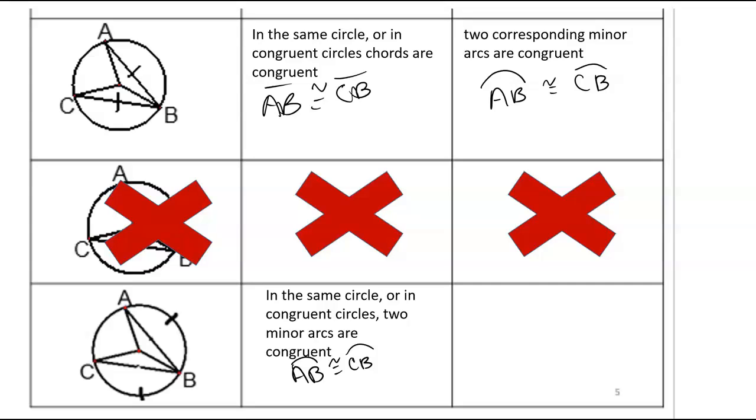They're marked congruent. Because of that, the straight path from A to B is congruent to the straight path from C to B. Of course, the straight path would be shorter, but we're not really concerned much with that. We're just saying that since the curved paths are congruent, their straight paths are congruent.